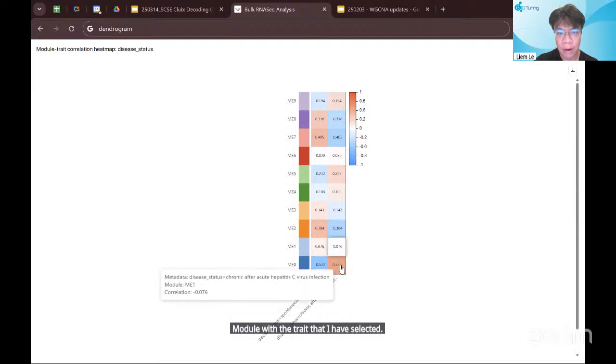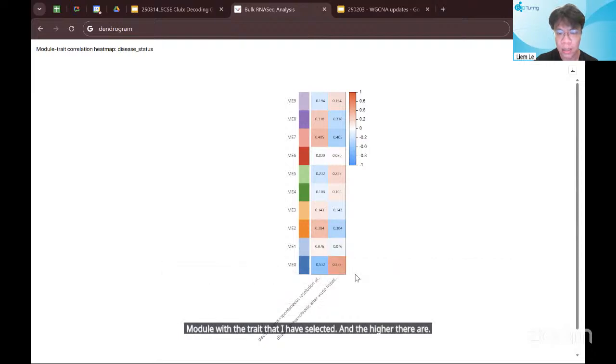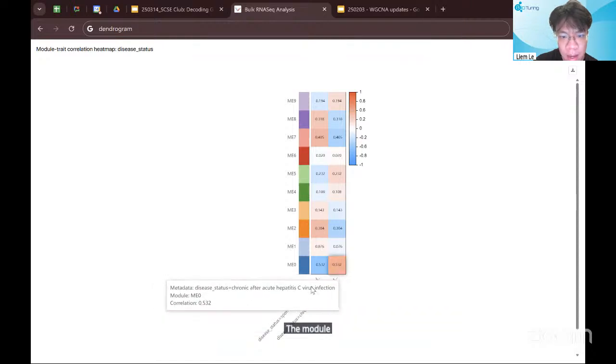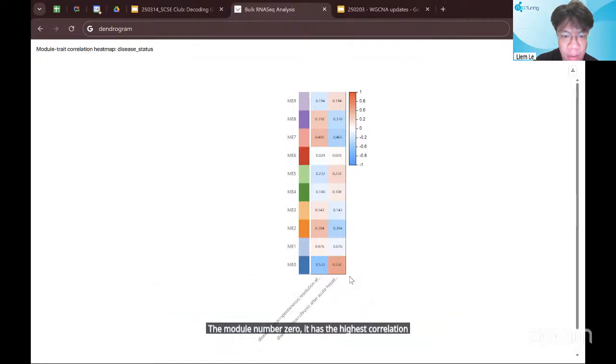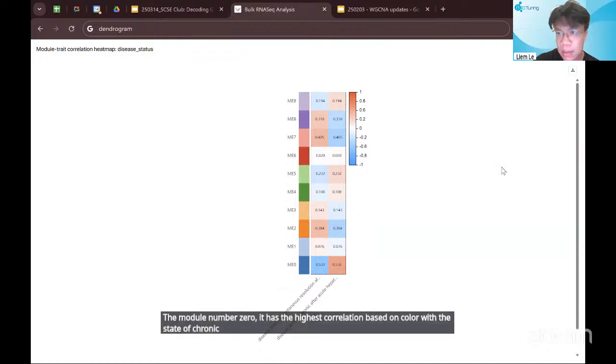And the higher they are, the more association between that module and the disease state. So here I can see, for example, the module number 0 has the highest correlation based on color with the state of chronic hepatitis C.